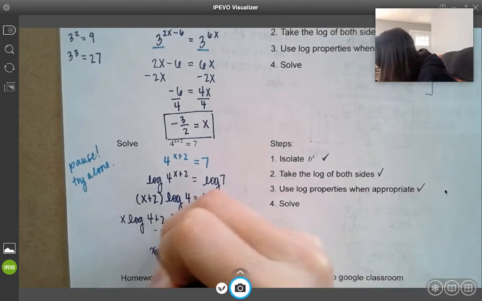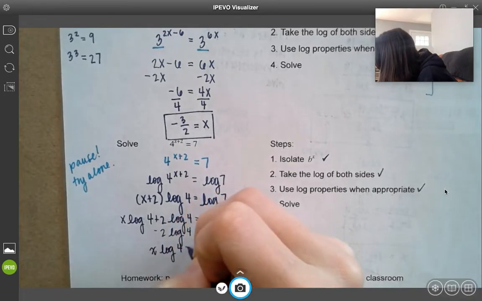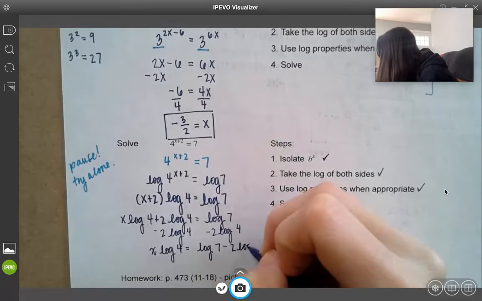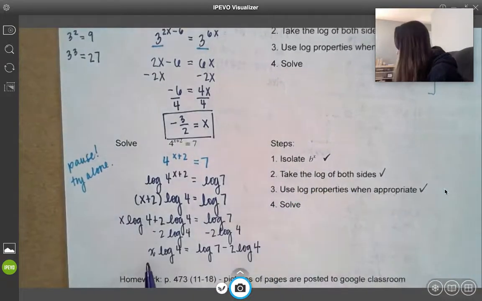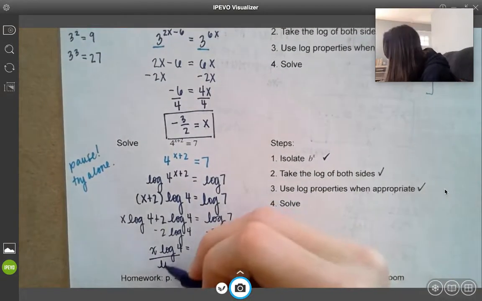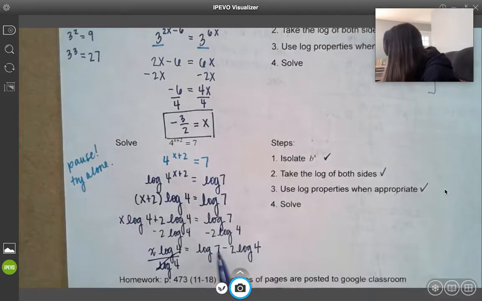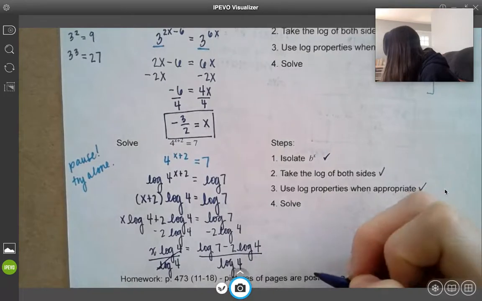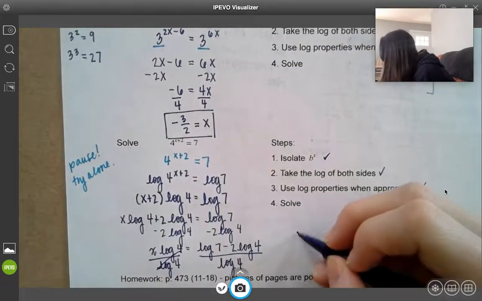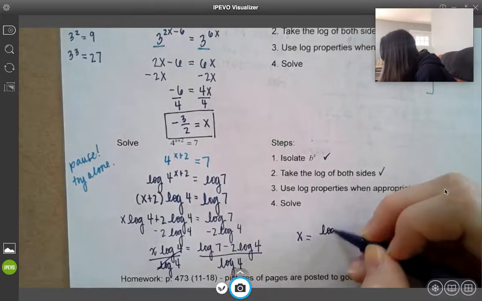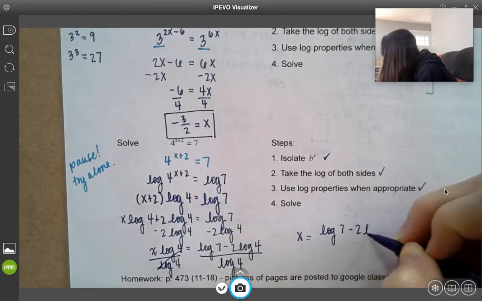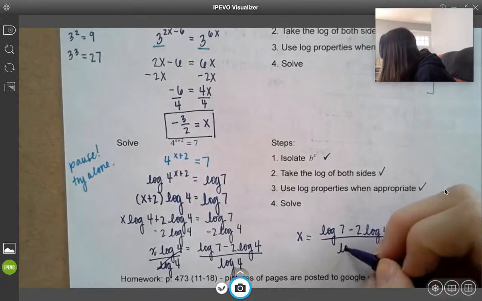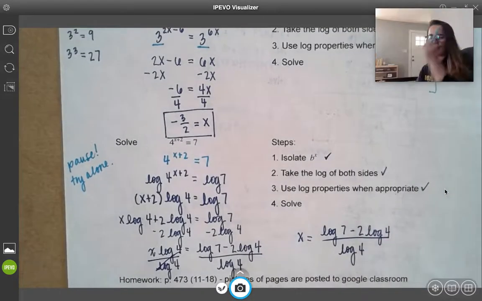So I have x log 4 equals log 7 minus 2 log 4. x is with the log 4, so divide by log 4. Divide everything by log 4. We're going to go ahead and leave it just like that. So you get x equals log 7 minus 2 log 4 over log 4. There's really no point in simplifying.